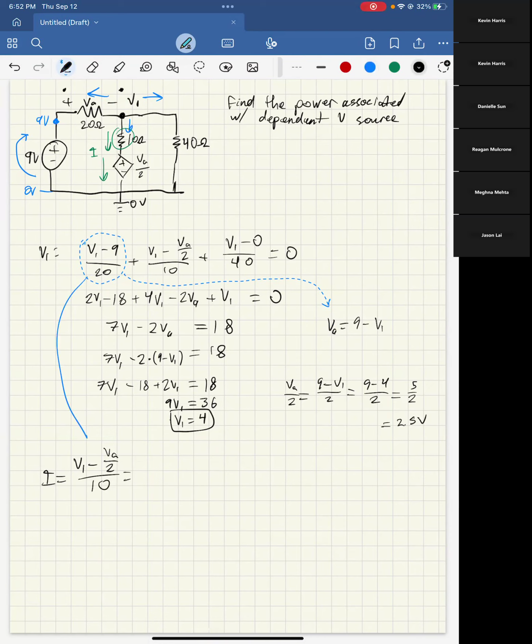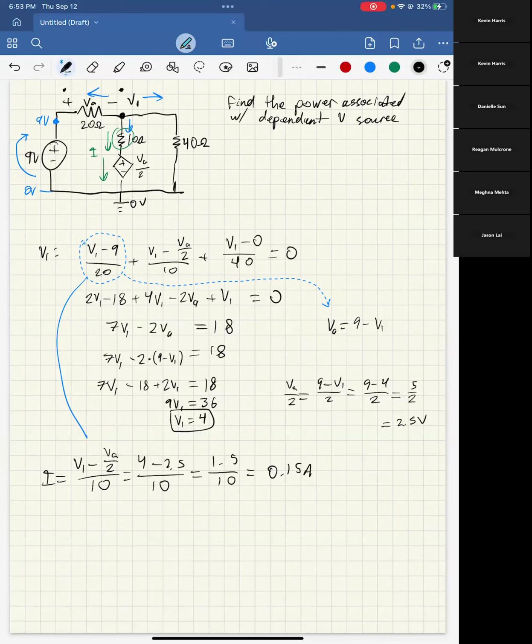We have all these values now: 4 minus 2.5 over 10, which is 1.5 over 10, or 0.15 amps.